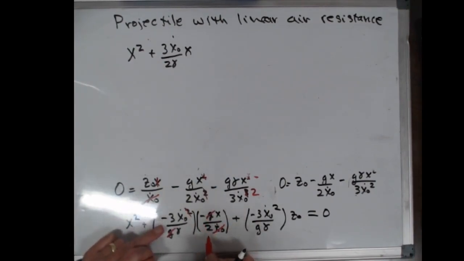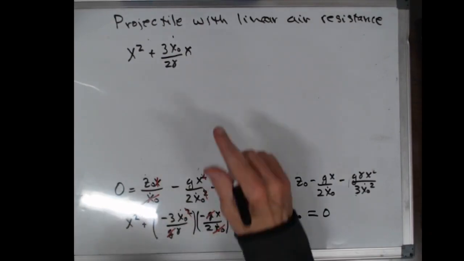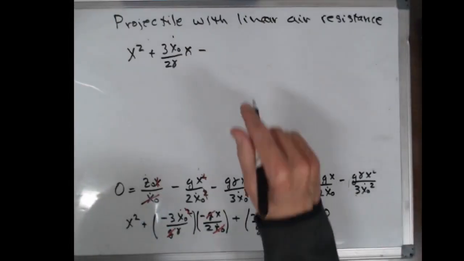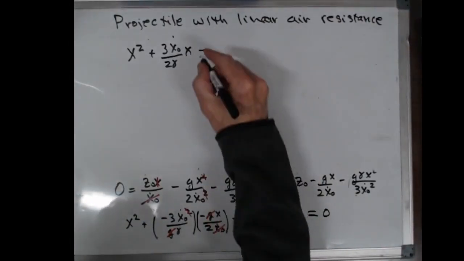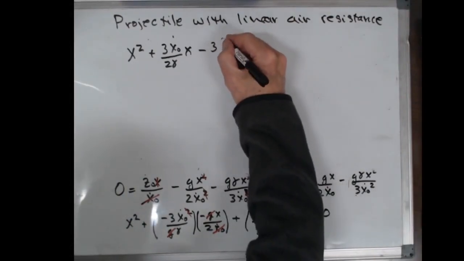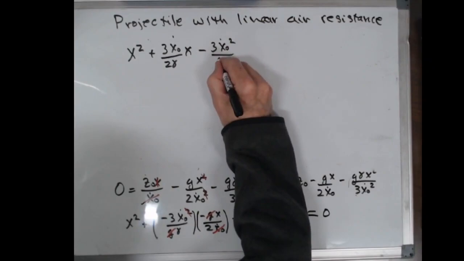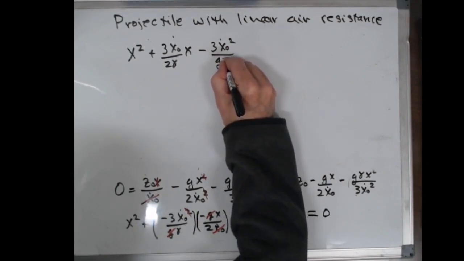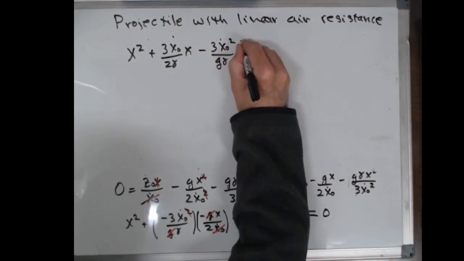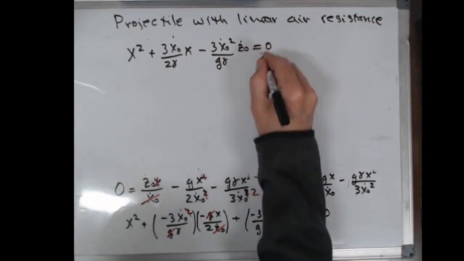The two negatives become a positive, and I get a 2 gamma denominator and a 3x naught dot in the numerator. And then I get a plus or a minus. This guy just stays more or less the same. Minus 3x naught dot squared over g gamma z naught dot equals 0.